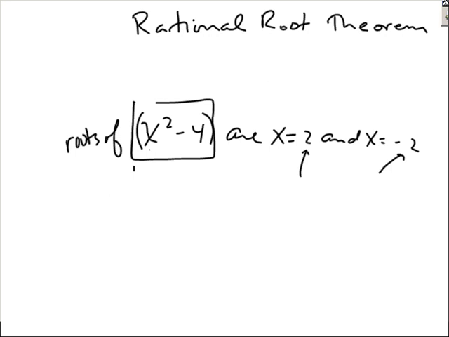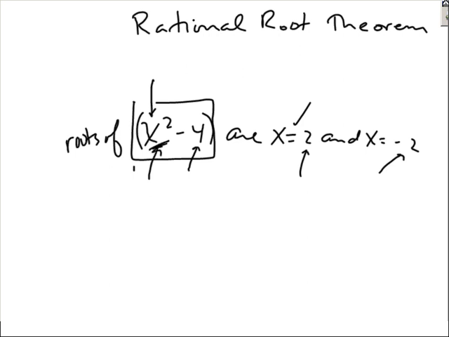Whatever value you pick for x, whether it's 2 or minus 2, you have to be consistent throughout that verification. If you square 2, you get 4. You take away 4, you get 0. X equals 2 works. What about negative 2?